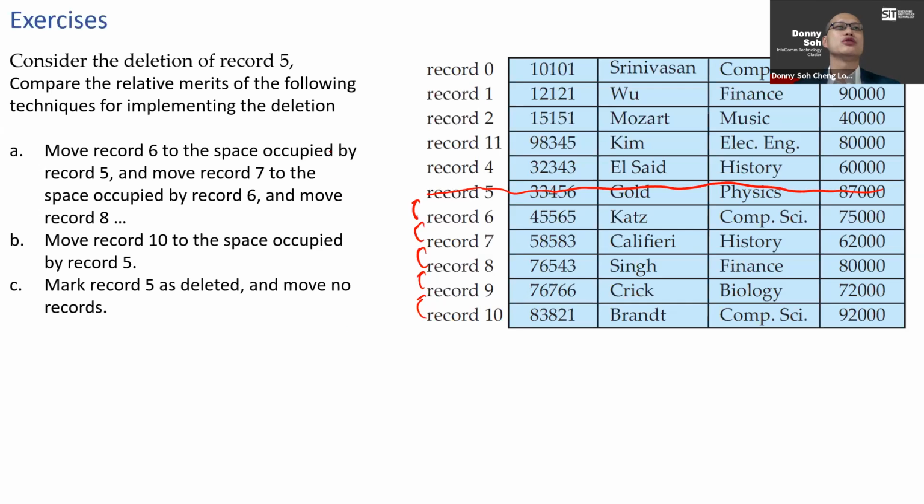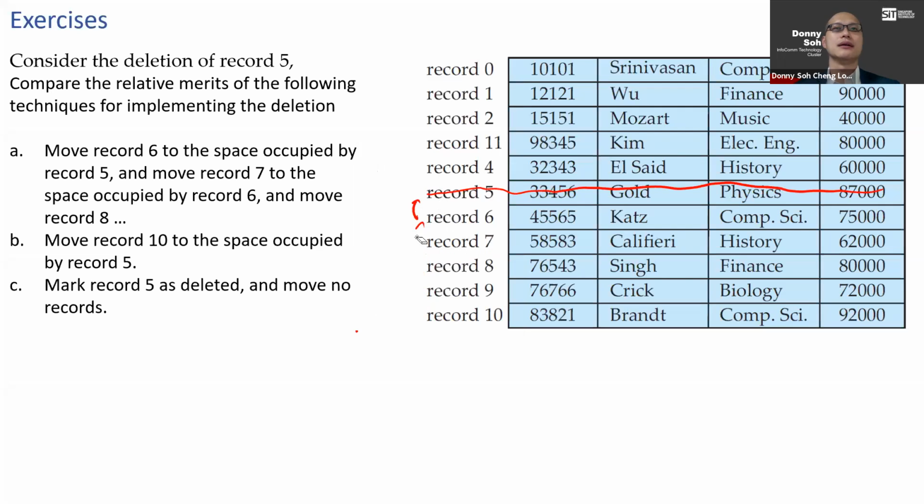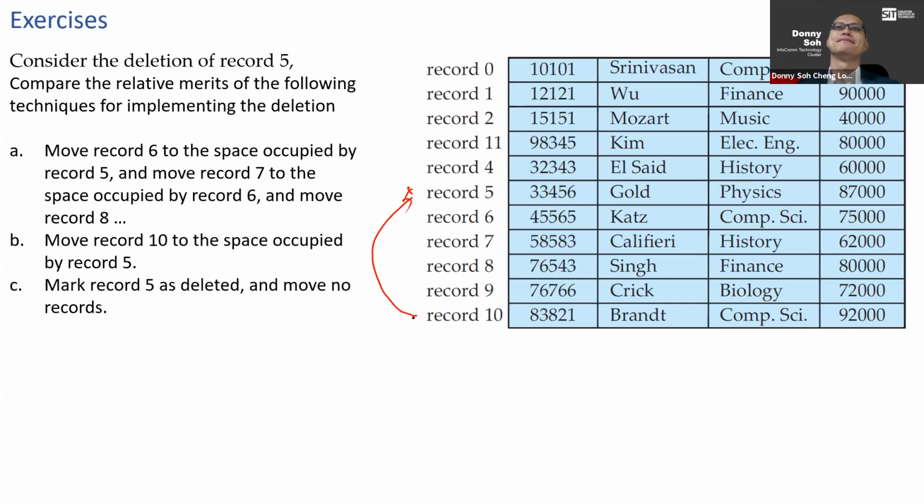This is the first way. Okay, so the second way of doing it is that if I delete off record 5, record 10 moves over here. So this is the second way of doing it.